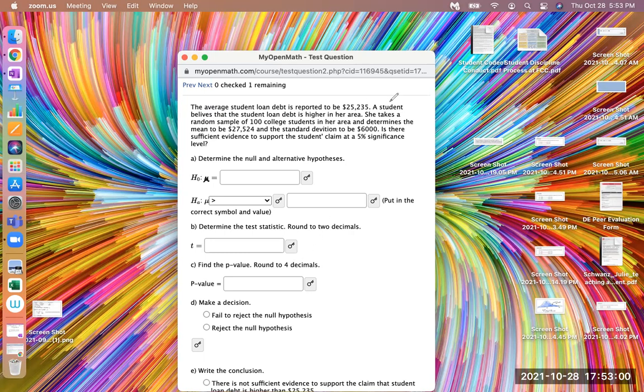Good. And I almost think they made a typo here. Maybe they're just saying it again quickly, but a student believes, they should say the average again here. The average student loan is higher. Then it would be more obvious, mean higher. I don't like the fact that she just said higher.